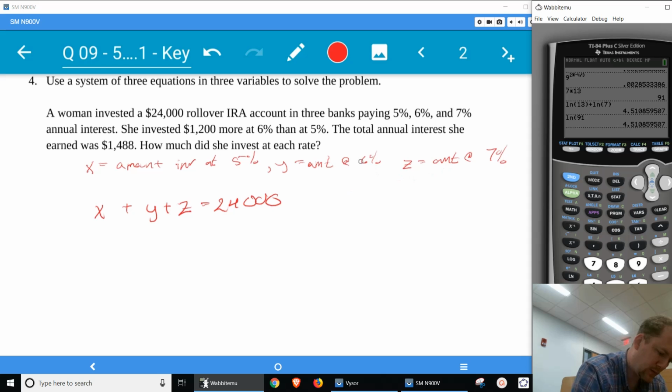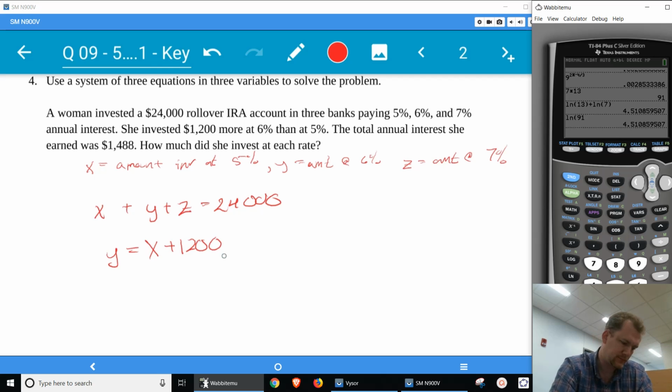So the amount invested at 6% is the same as the amount invested at 5% plus an additional $1,200. Okay.